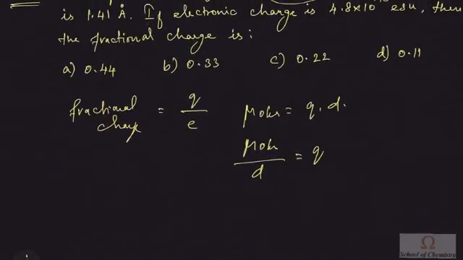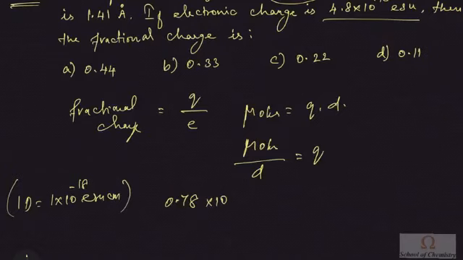Now mu observed is nothing but 0.78, and I require it in terms of ESU because the electronic charge is given in terms of ESU. So that's why I'm going to convert it in terms of ESU, right? So I know that 1 debye is equal to 1 into 10 to the power minus 18 ESU cm, right?